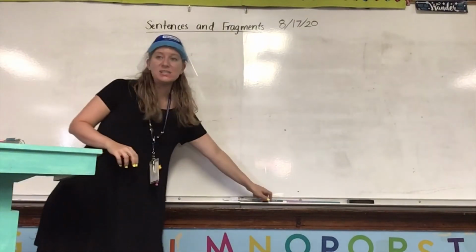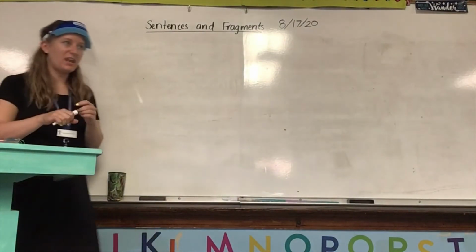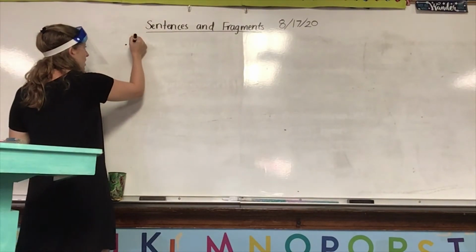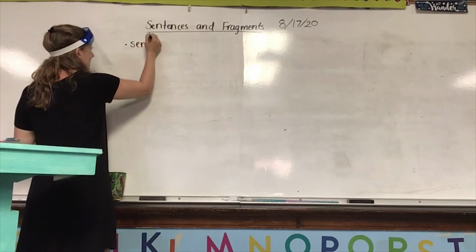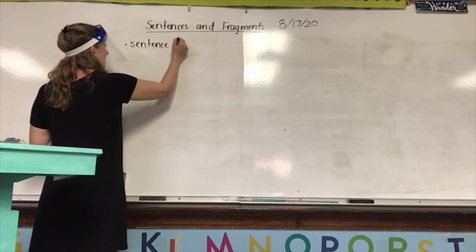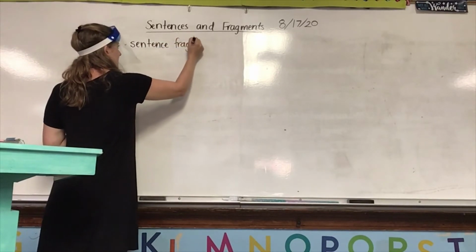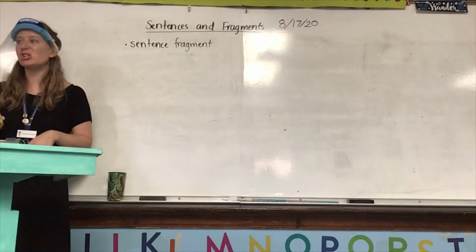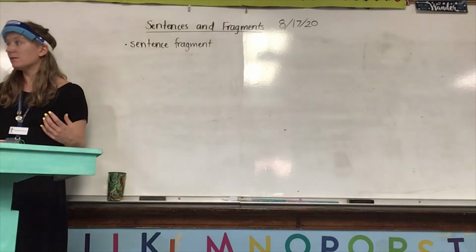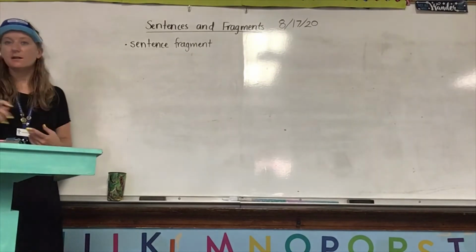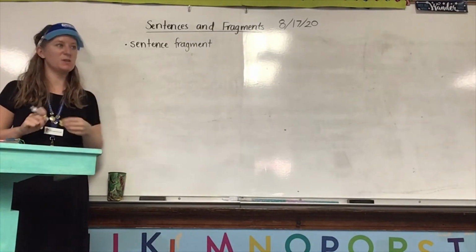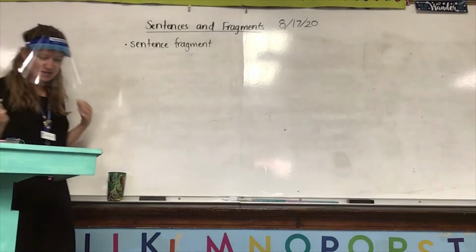Good. So now that was a complete sentence. If a sentence is not complete, so you should be writing, it is called a sentence fragment. Sometimes we shorten that term to just fragment. The full word is a sentence fragment, but sometimes we call it just a fragment. It means the same thing.